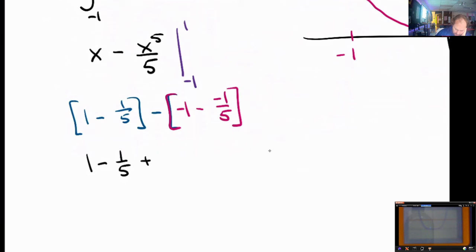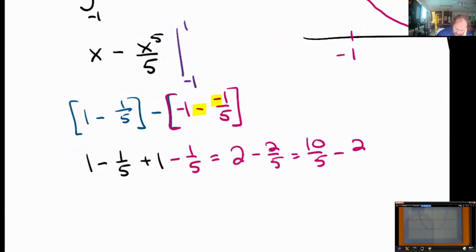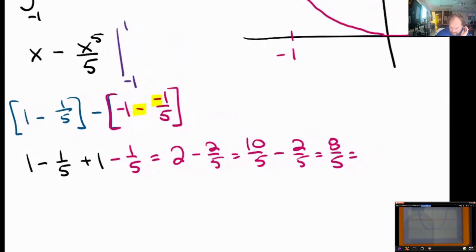This is going to become a plus 1 when you do minus -1. This minus -1/5 is a plus 1/5, so this is actually a minus another 1/5. So we have 1 plus 1 is 2, minus 2/5. That's 10/5 minus 2/5, which is 8/5, or 1.6. That'd be units squared if I really wanted to put a unit on there. 1.6 units squared. There we go.